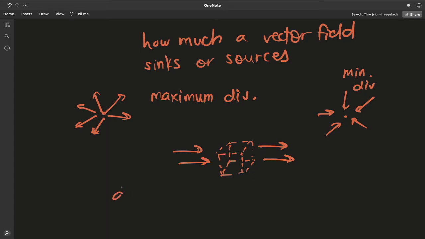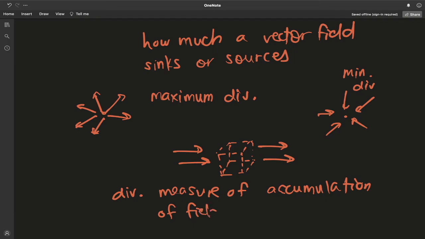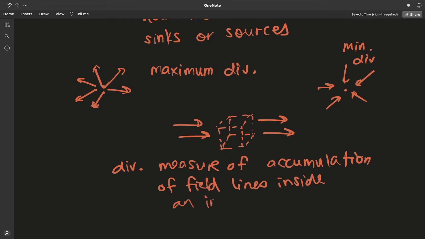So the divergence is sort of a measure of accumulation of field lines inside an infinitesimal cube.